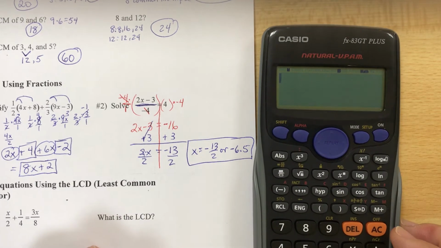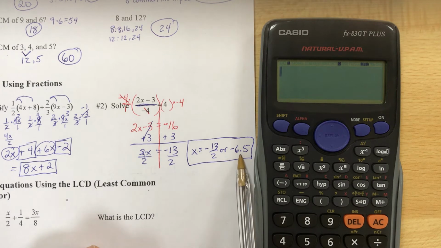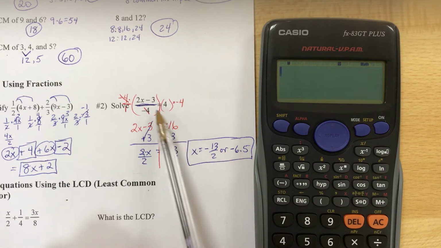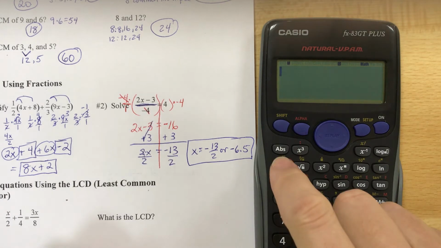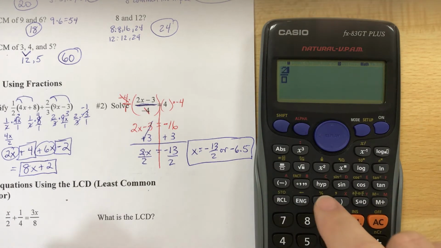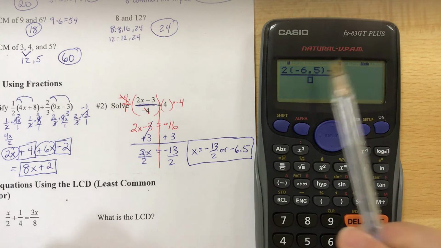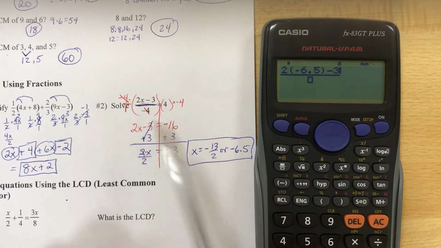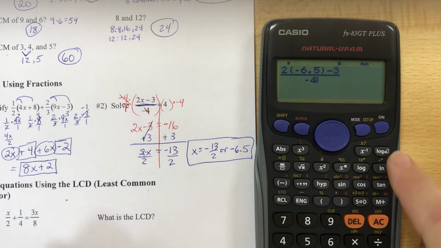Okay, so if I take the calculator here, I'll use the decimal negative 6.5. If I plug it back into the original problem, so I can do a fraction, and it was 2 times negative 6.5 minus 3, that's the top of the fraction, over, so I have to come down, negative 4. So we're dividing by negative 4.